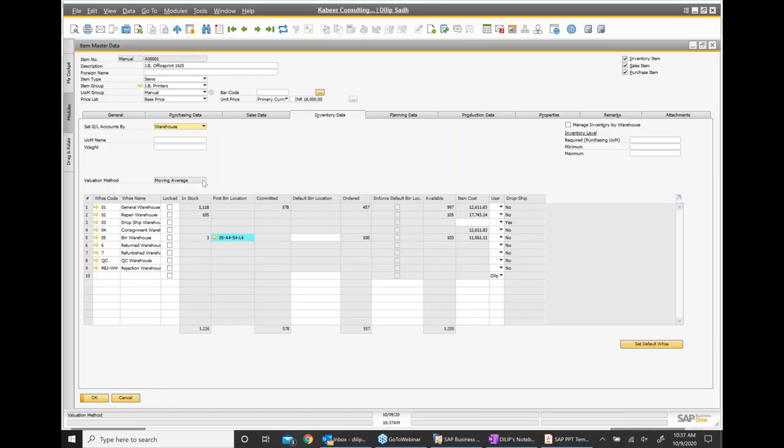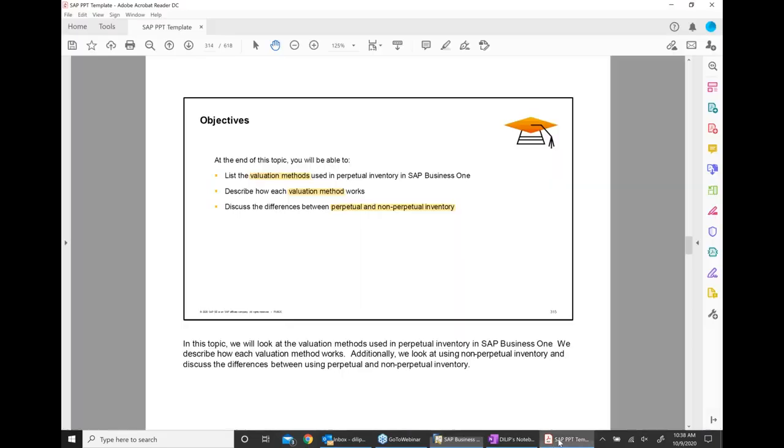So here we have something called valuation method. In the valuation method, we can have a different valuation method. And one of them is moving average, and there are others as well. So we'll discuss what this valuation method does, how this valuation method works.